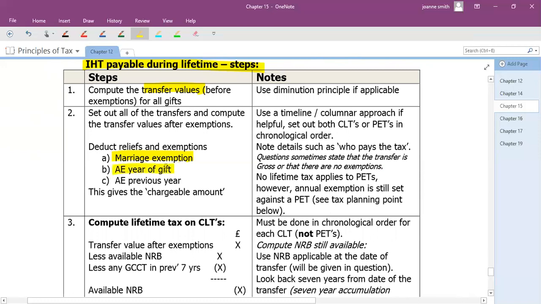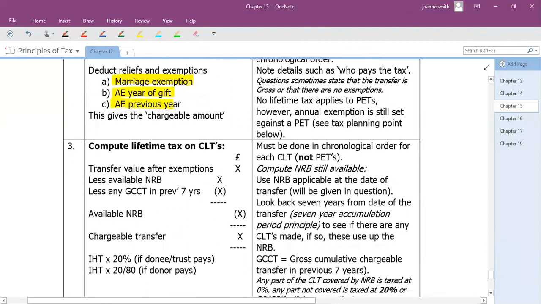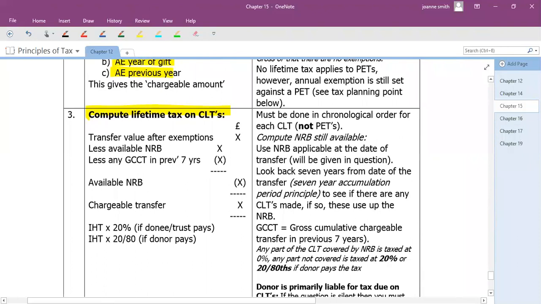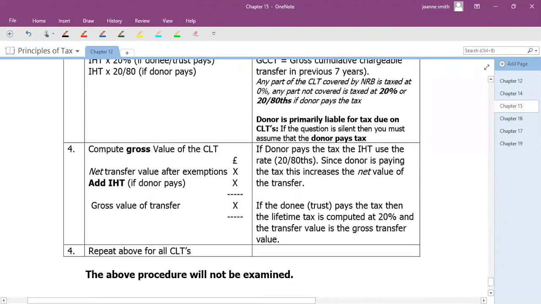Do we have annual exemptions for this year, i.e. the £3,000, and is there anything brought forward from last year? If we have any chargeable lifetime transfers, then it's only on anything exceeding that nil rate band, and it will be taxed at 20 or 25% depending on who pays the tax. And then finally, calculating that gross value.